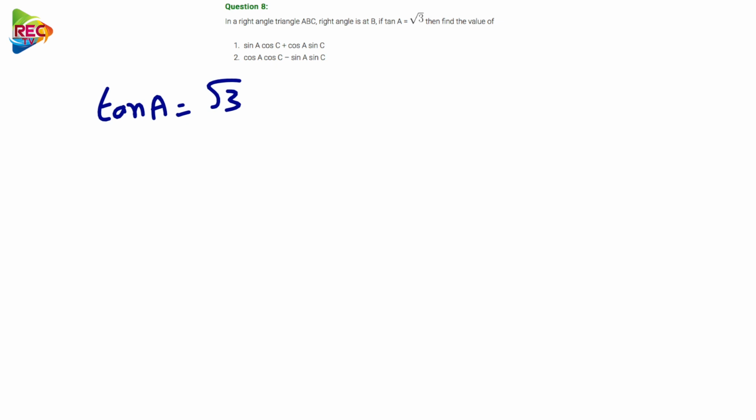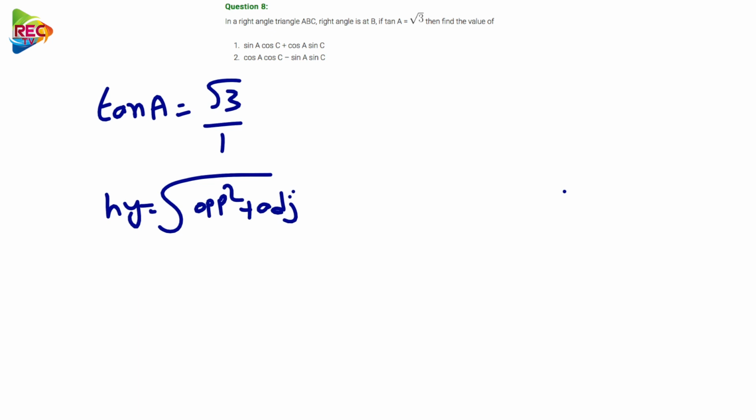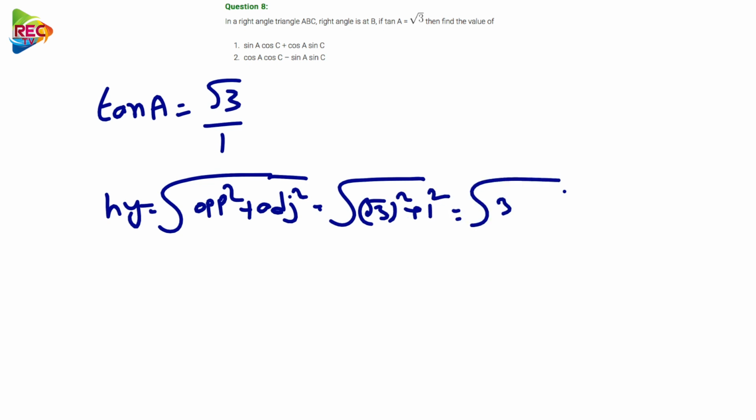So tan A equals opposite side by adjacent side. So the opposite side is root 3 and the adjacent side is 1. By using the Pythagoras theorem, hypotenuse equals square root of opposite square plus adjacent square, that equals square root of root 3 whole square plus 1 square, square root of 3 plus 1, square root of 4, equals 2.